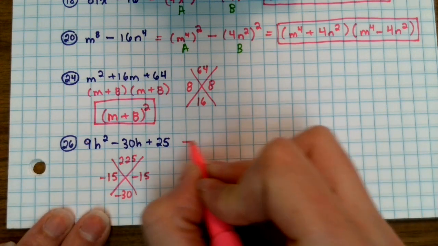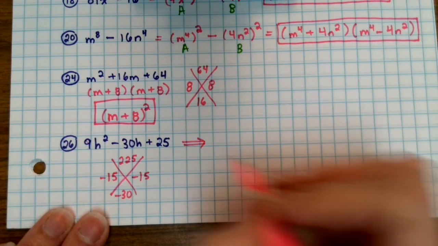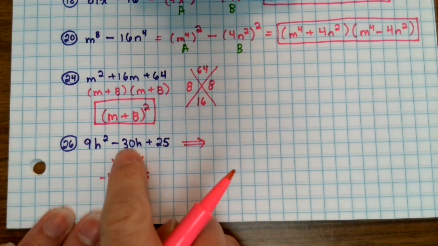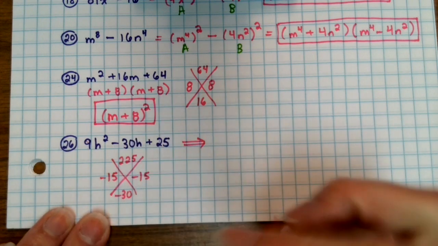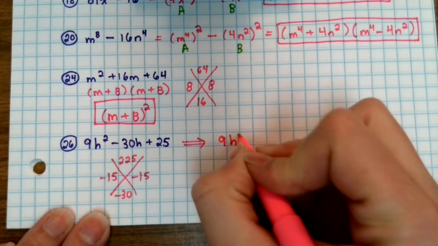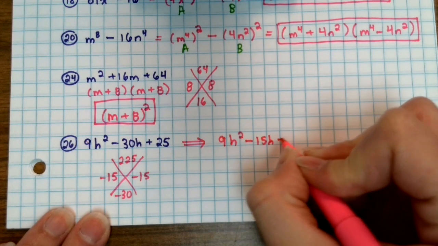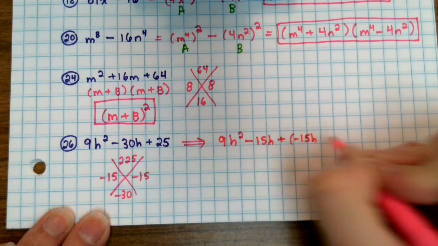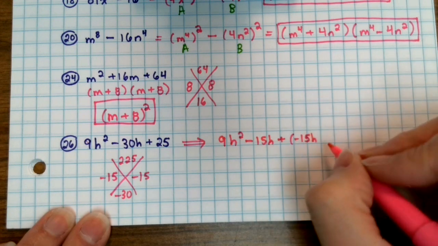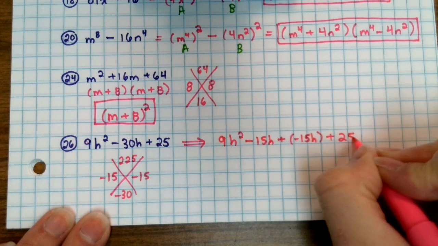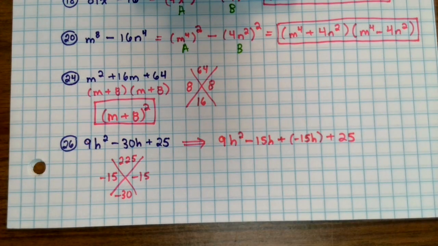So when we go and rewrite this so that we can do factor by grouping, these two here tell me what to break down this middle term into. So this is going to be 9h squared minus 15h, and then I'm just going to write this as plus negative 15h, just so it's a little bit easier to see that negative there. And then we have plus 25. So now we can do our factor by grouping since we have 4 terms.